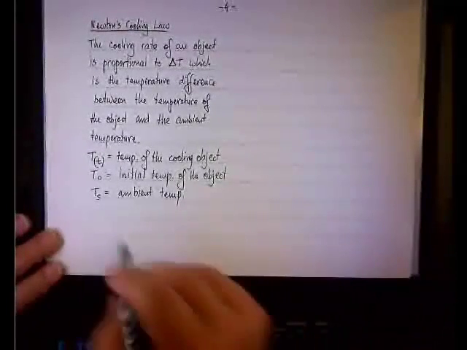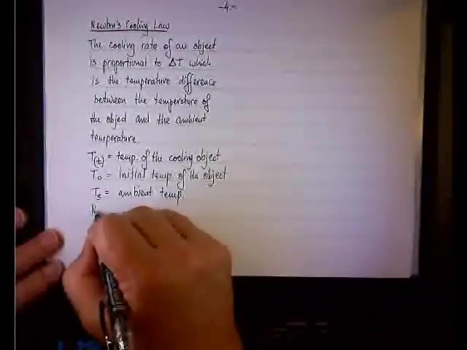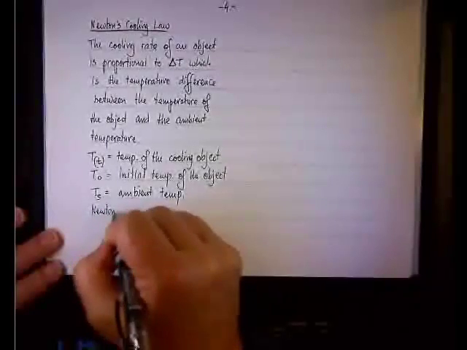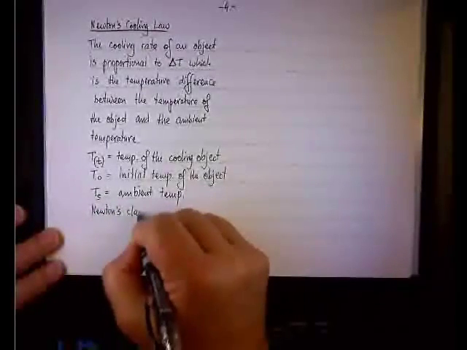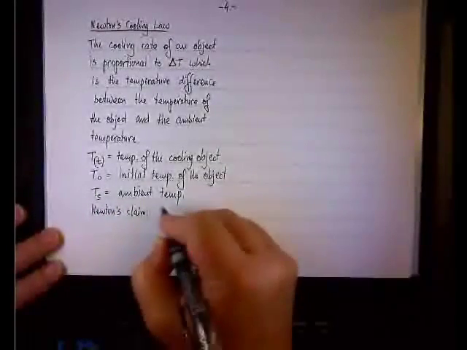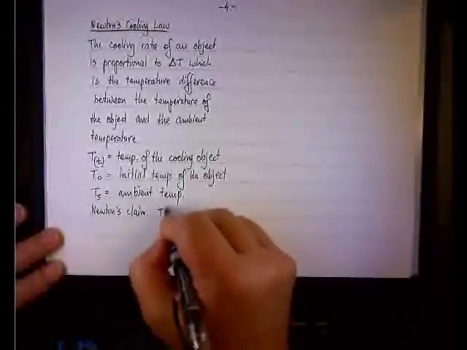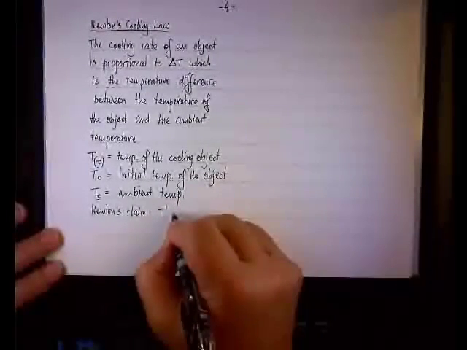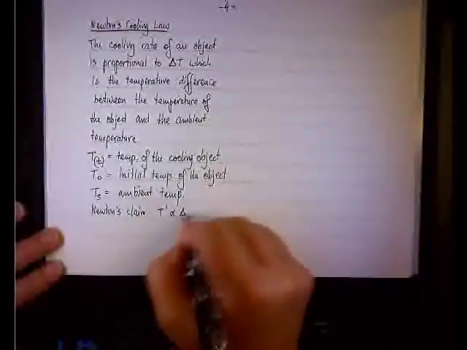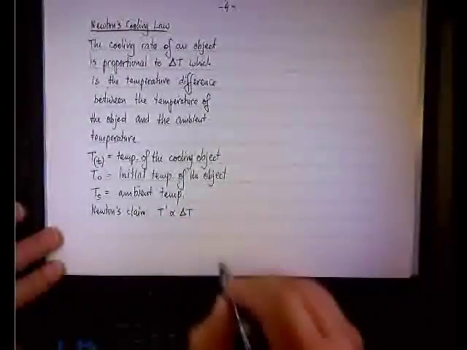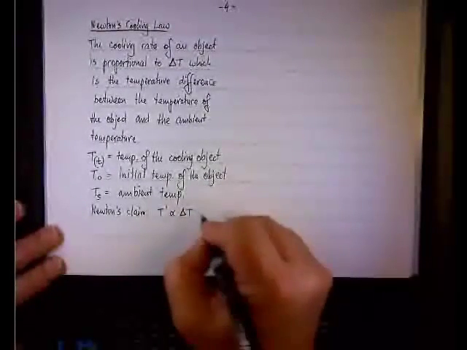Now, Newton's claim is that the rate T prime is proportional to delta T. This can be written as the following.